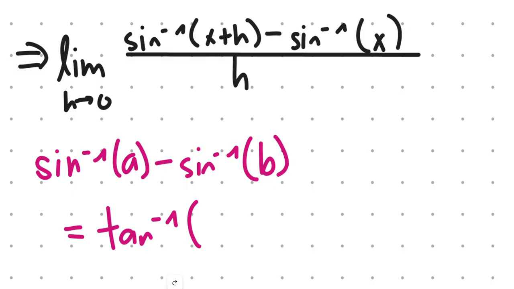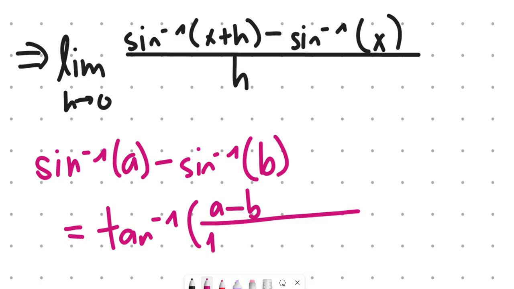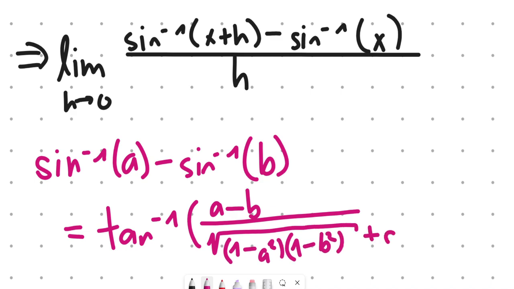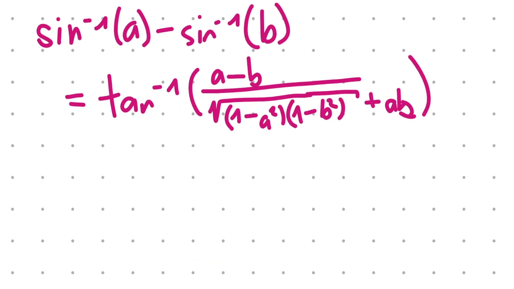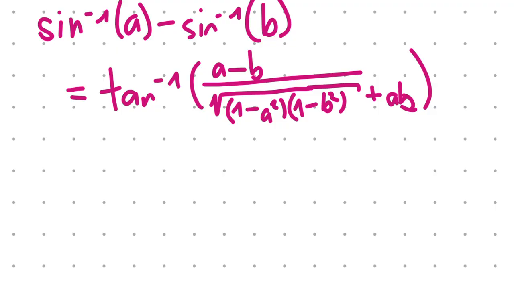So let's write the A over here. A minus B all over the square root, and this one is going to be a big denominator: 1 minus A square, the whole thing times 1 minus B square, plus AB. So this is the formula for the difference between two inverse sine functions.